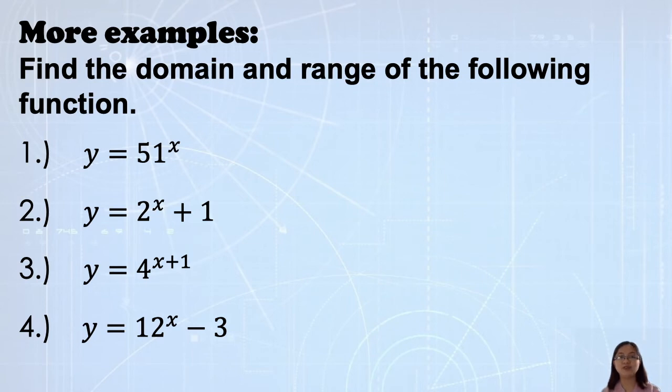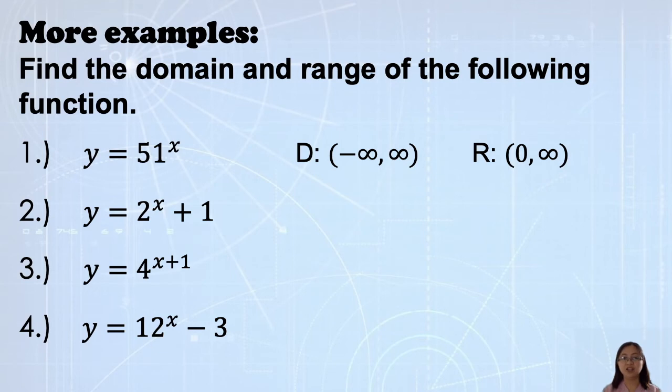Let's have more examples here. Let's find the domain and the range of the following functions without even graphing them. We're just going to check the form of the function. y = 5^x. So we have a parent function. So the domain is from negative infinity to positive infinity, while the range is from 0 to positive infinity.